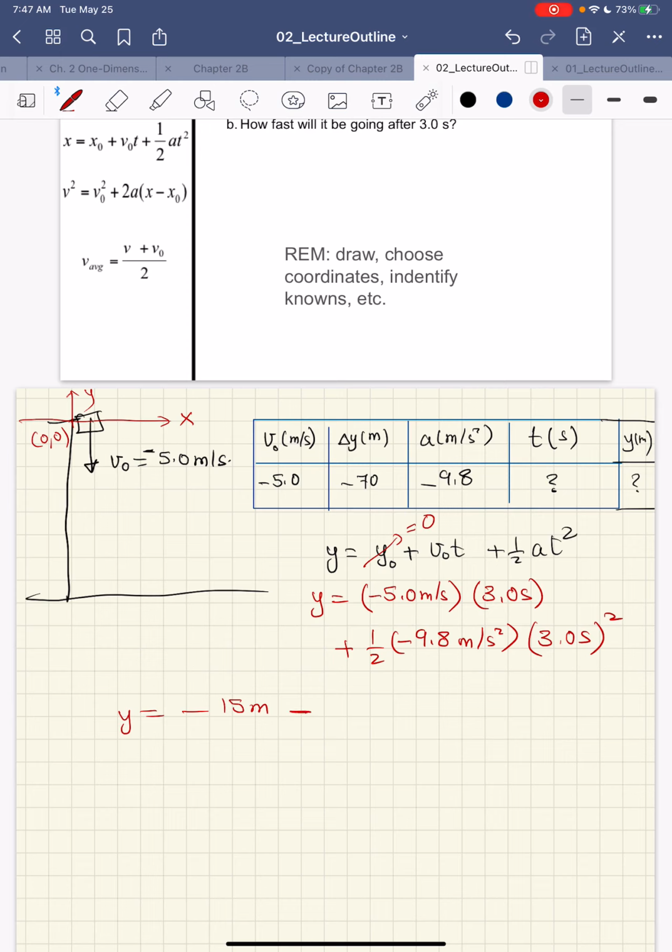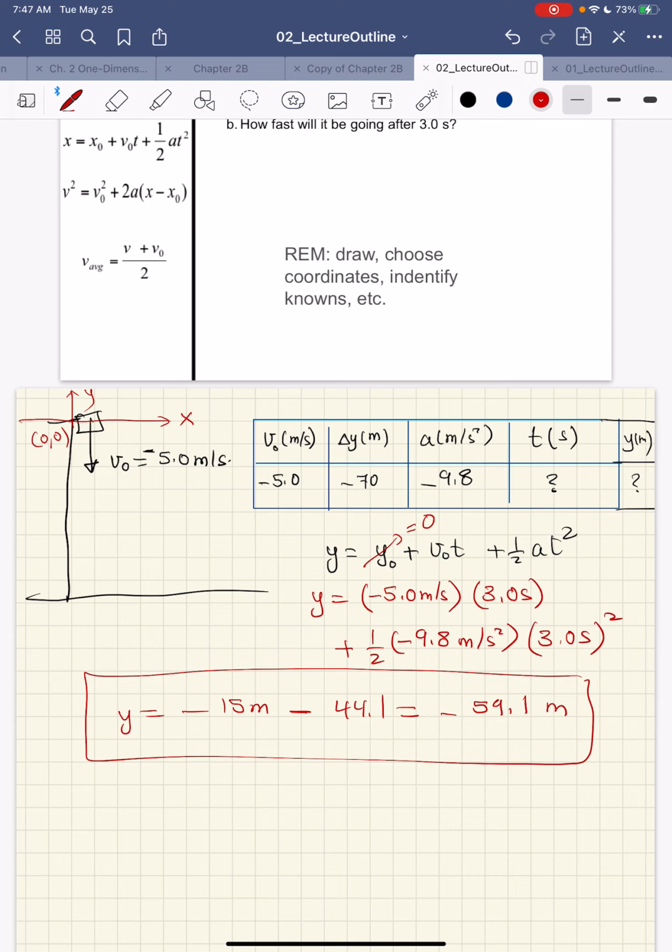Remember, if you forget your negatives, the answer will not be correct. And then this is going to be the total displacement, negative 9.1 meters, but it is downwards, because it is negative.